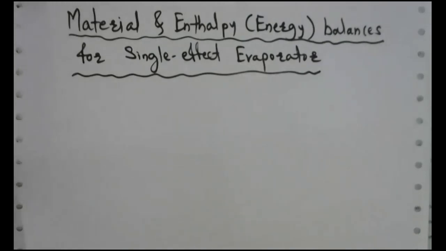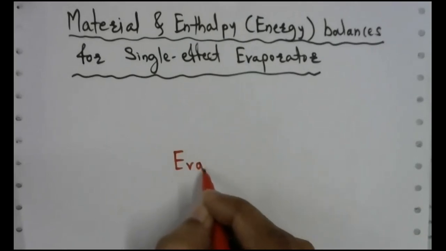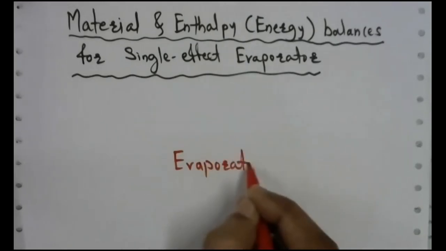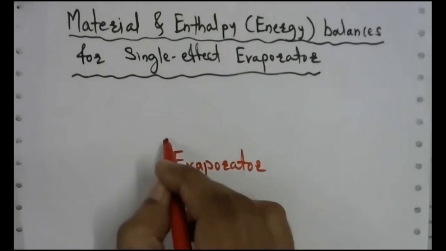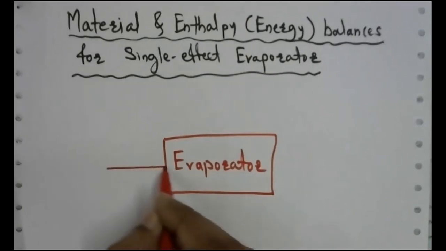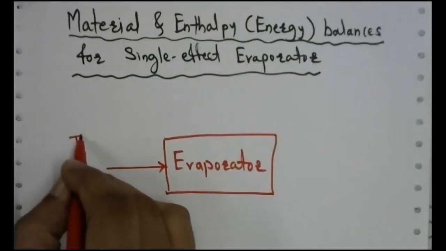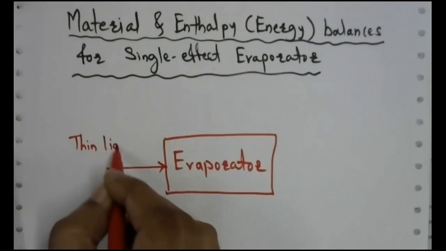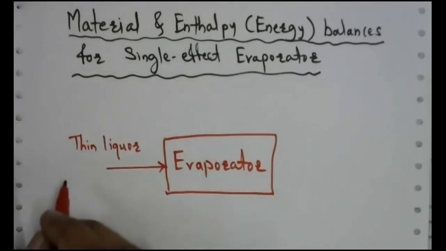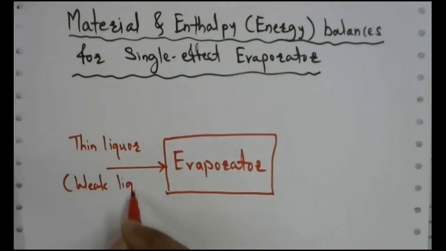For that purpose, we must know what exactly the inputs and outputs are. So this is a single effect evaporator. There is a main input, that is thin liquor, or it is also called weak liquor or solution.